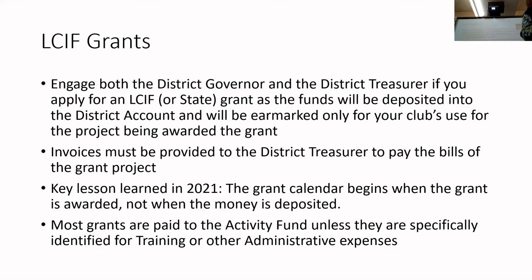But also there was a training grant that Michael Scott had been awarded, but that was on a reimbursement basis rather than them giving us the funds directly.